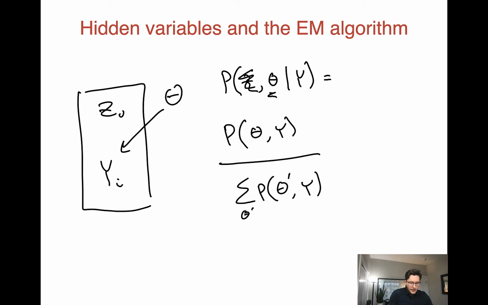So we saw this in the case, again, of logistic regression. Sorry, I forgot to draw my arrow here. So even if we didn't have any z, or sorry, z was observed, we can't sum over all the possible values we could set the parameters to.